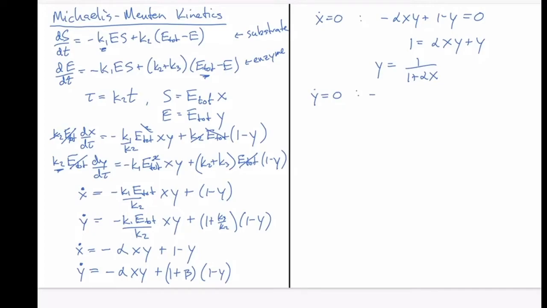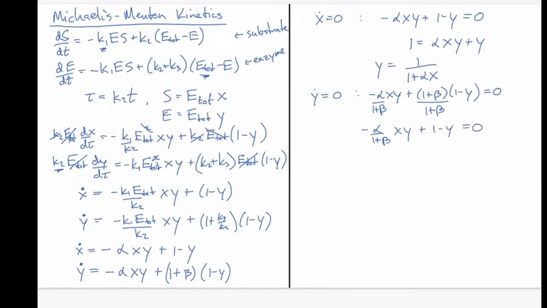So now I'm going to have minus alpha x y plus 1 plus beta times 1 minus y equals 0. And so let's divide through by 1 plus beta. And now I get the equation minus alpha over 1 plus beta times xy plus 1 minus y is equal to 0.